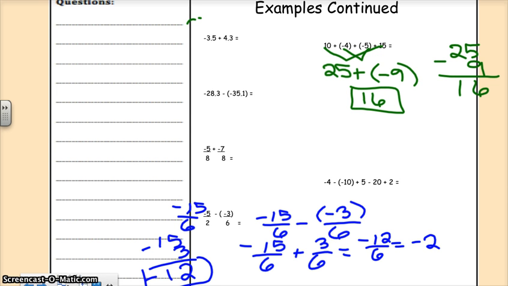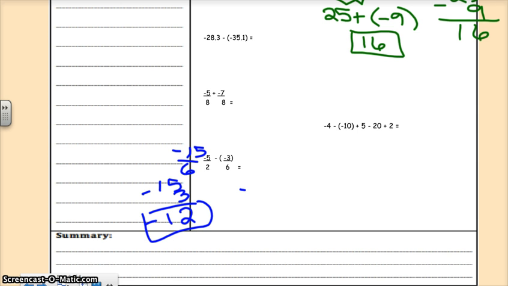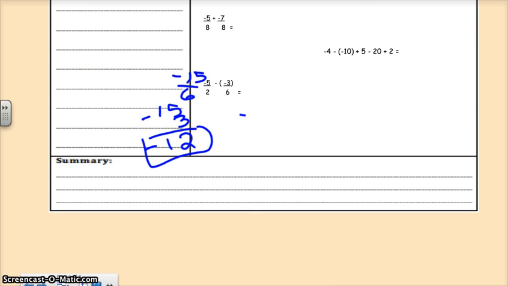Last one down here. This is a little more advanced. So I need to change any subtraction into adding the opposite. So this turns into negative 4 plus, the opposite of negative 10 is 10, plus 5, because that's still plus, minus 20, so write it as plus a negative 20, plus 2. Now I group my positives and negatives together.